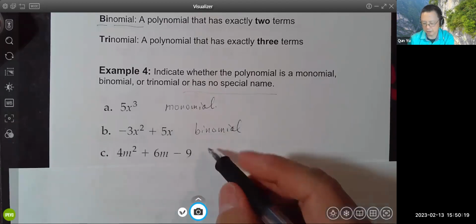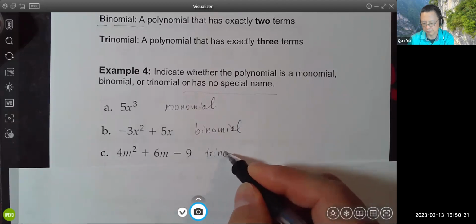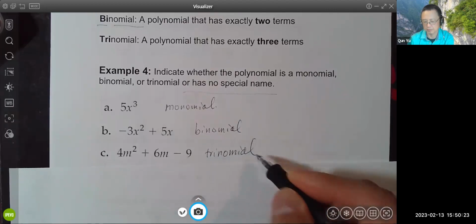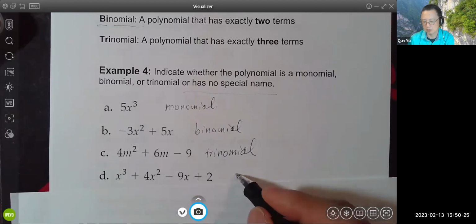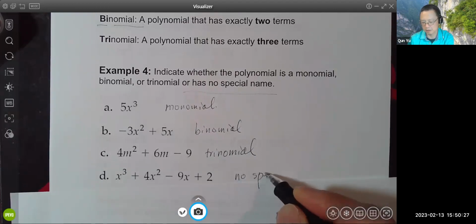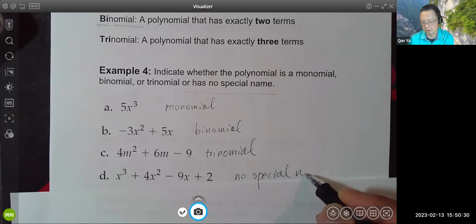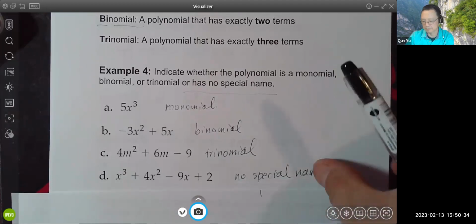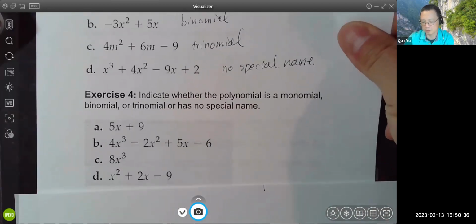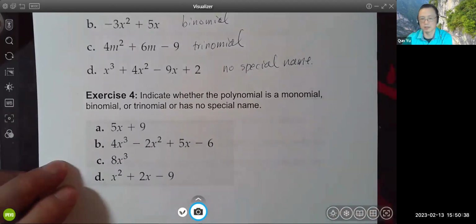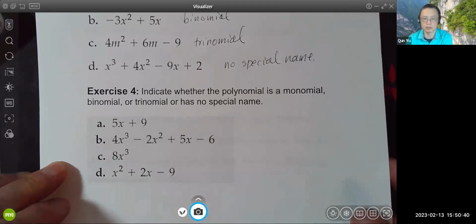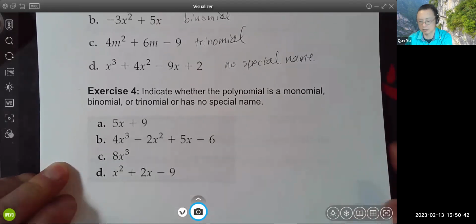And trinomial. And we have 4 terms, no special name. This one has no special name. So it's super easy. And this is our fourth set of exercise questions.